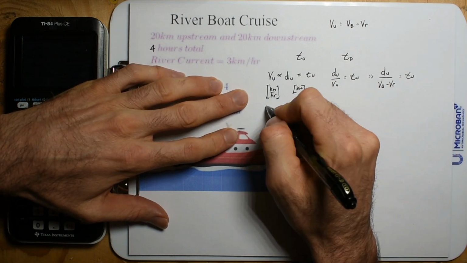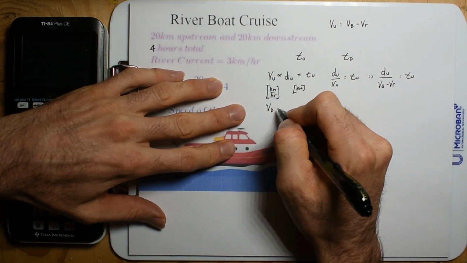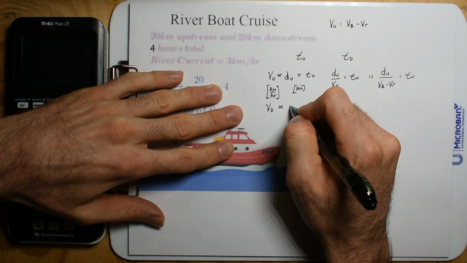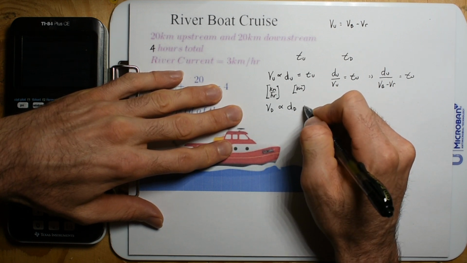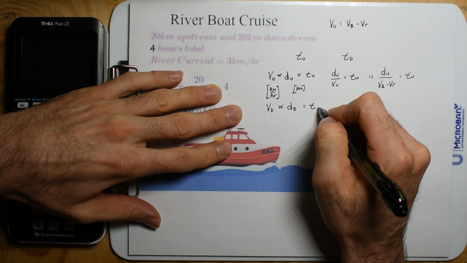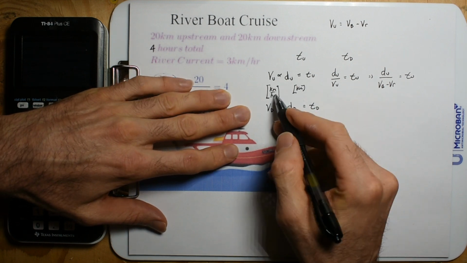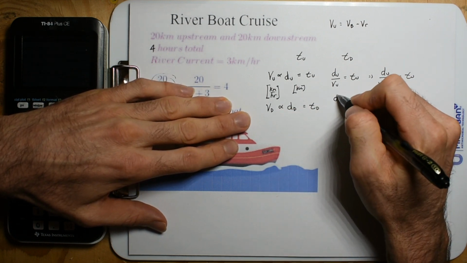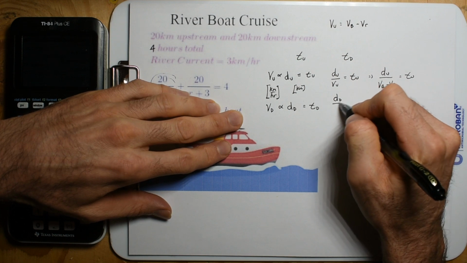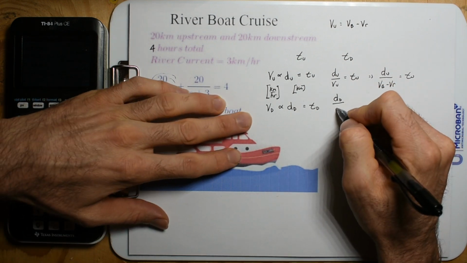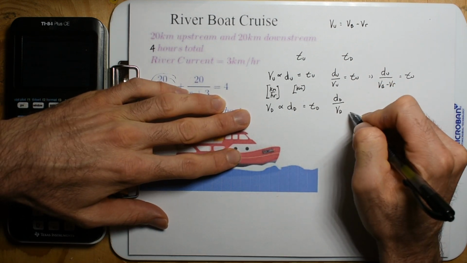Now we can say the same thing for the velocity going down is proportional to the distance going down, and that's going to be equal to the time going down. We divide the distance going downriver by the velocity going downriver.